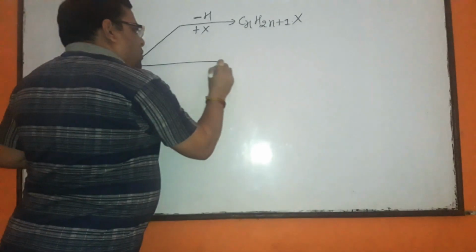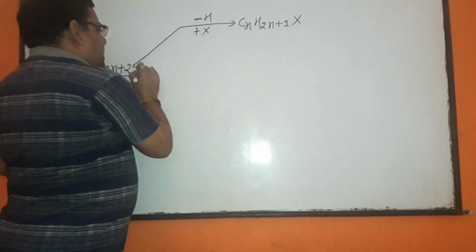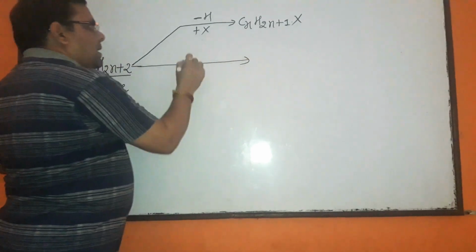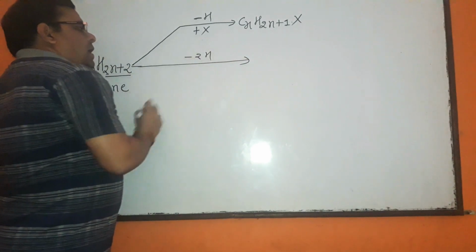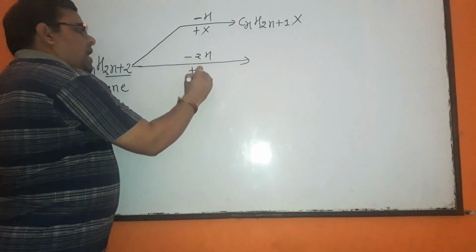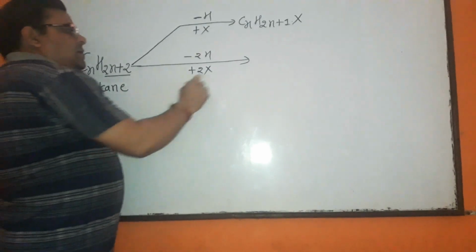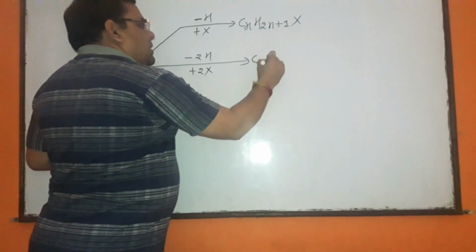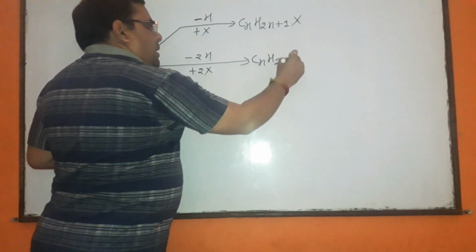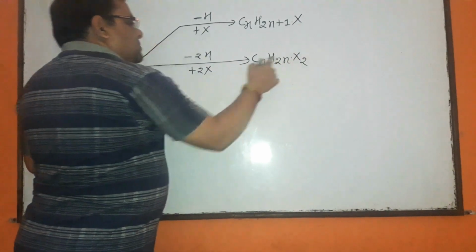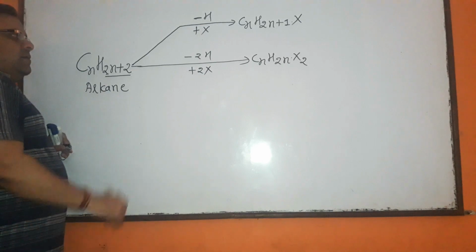Similarly, if two hydrogen elements of an alkane are substituted by two halogen elements, then it will give CnH2nX2, and it is called dihalogen derivative of alkane.